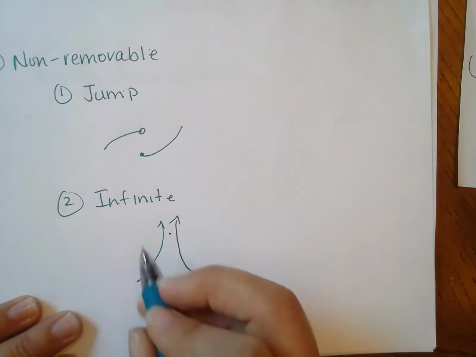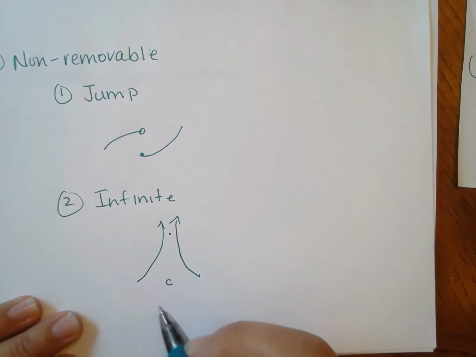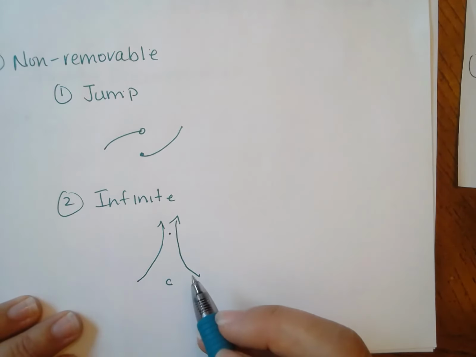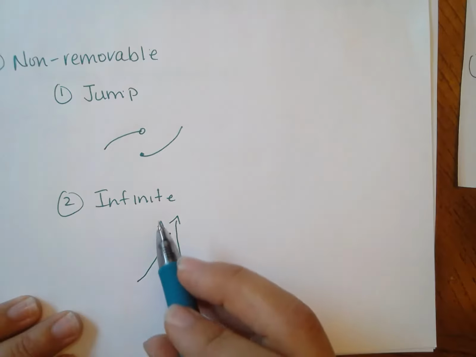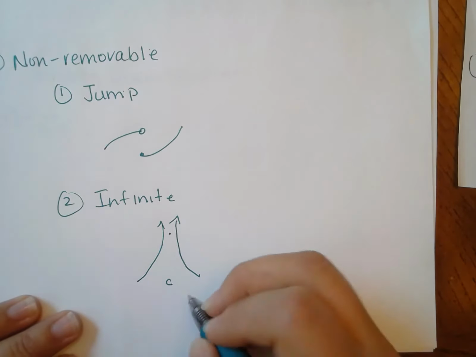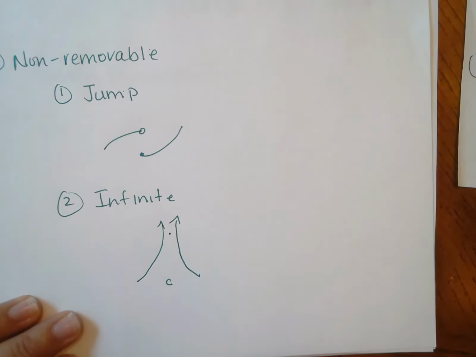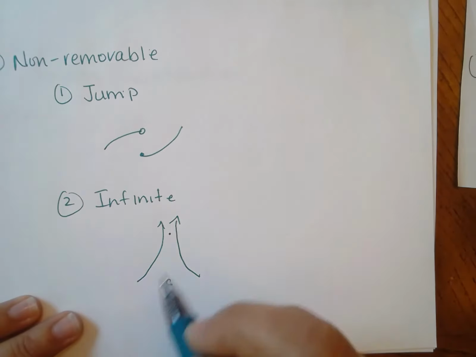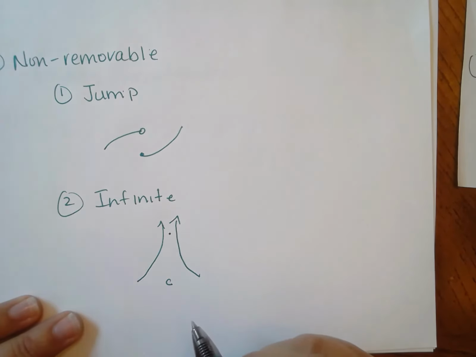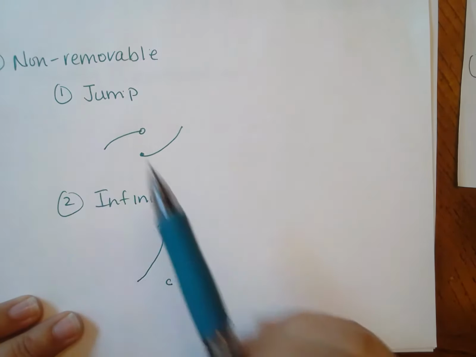So my limit is infinite, right? When I look at the right and the left of c, they're both going straight up. It would be the same if I had one piece going up, one going down. It would be an infinite discontinuity as long as one side or the other of my graph is going off to either positive or negative infinity.